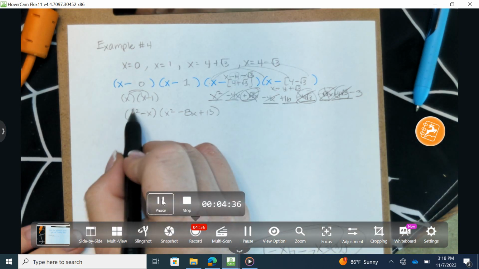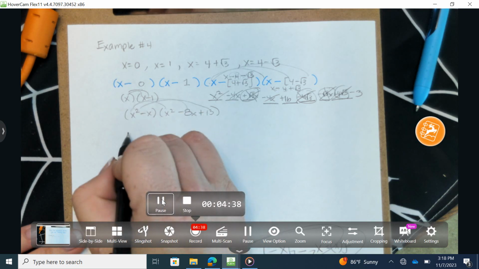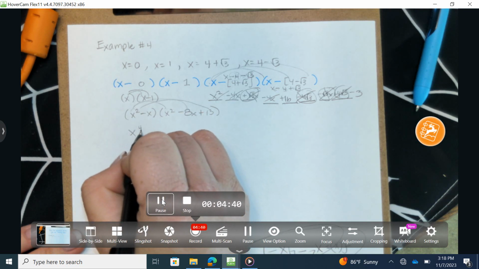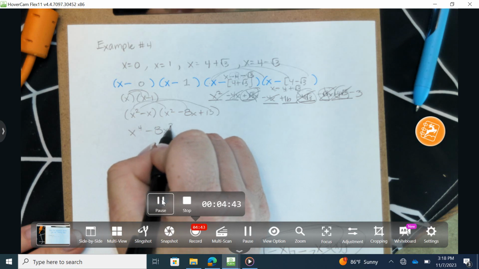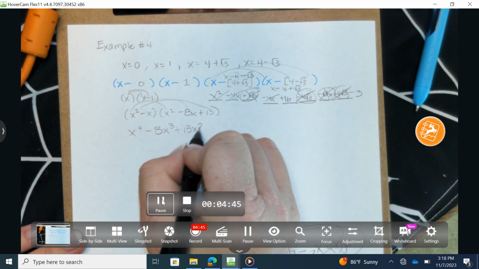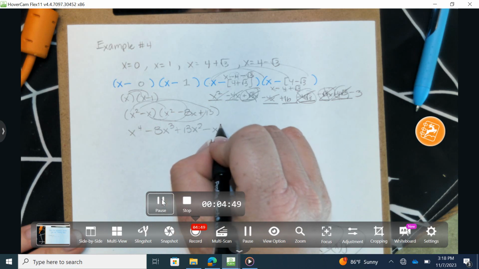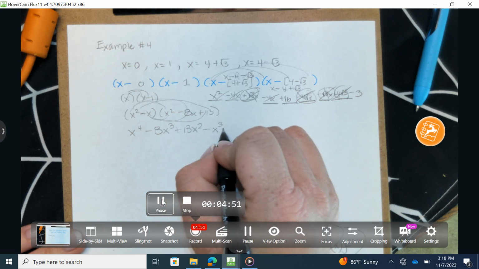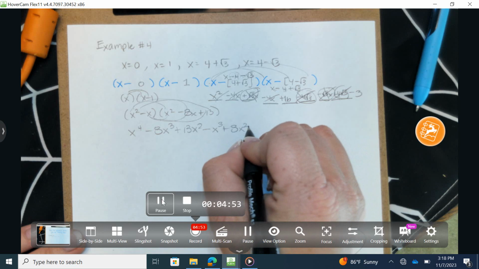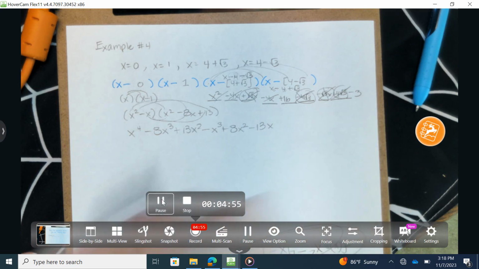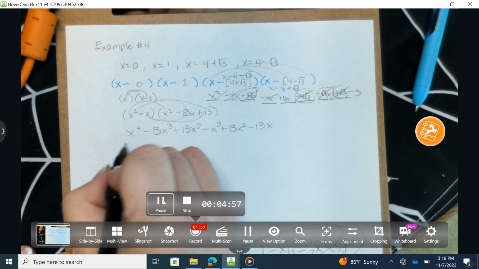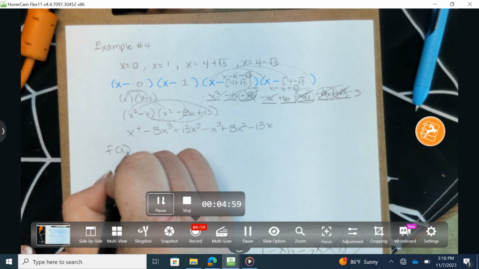Almost done. I'm going to distribute through to get x to the 4th minus 8x cubed plus 13x squared. Distribute through. Negative x to the 3rd plus 8x squared minus 13x.